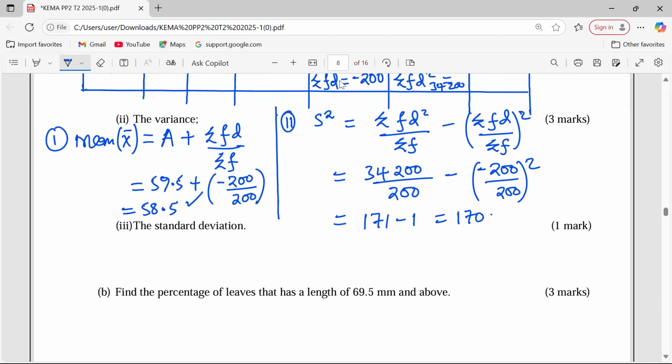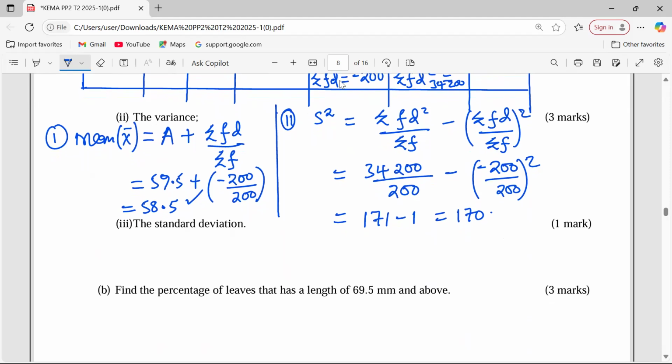That is our variance. Then we go to standard deviation now, which is the square root of variance. So we need the square root of everything that we have worked out. But now you should remember that we have already computed that.